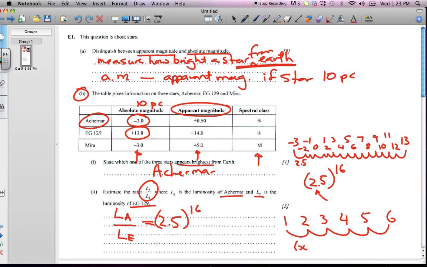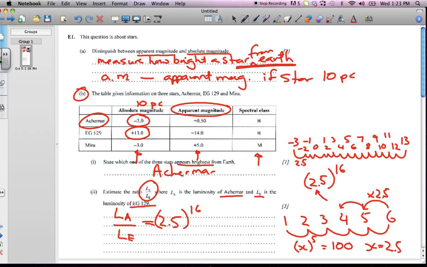So x to the 5, some factor, is equal to 100 times, and that x worked out to be about 2.5. So as you go from a star 6 to a star 5, you have to multiply the brightness by about 2.5. It's not exactly 2.5, but it's somewhere around there.